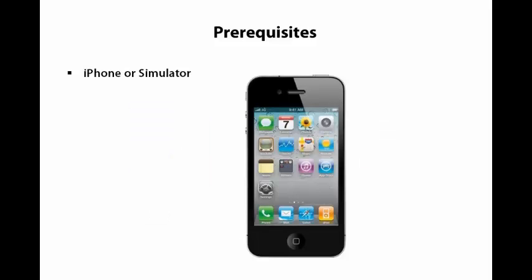The next thing you'll need is either an iPhone or you can use a simulator. The simulator comes bundled with the Xcode development environment, and that's a choice that you could use instead of using a real device. But if you're doing something like location services or something more complicated, you're going to want probably a device. For example, I have a pacemaker application that charts your speed outside when you're running.